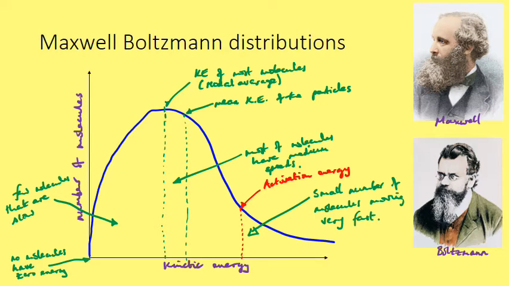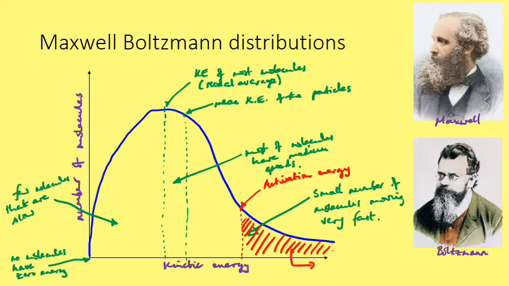So if that is the activation energy, then all of these molecules here have kinetic energy higher than the activation energy. So they are the ones that, if they collide in the correct orientation, can react.